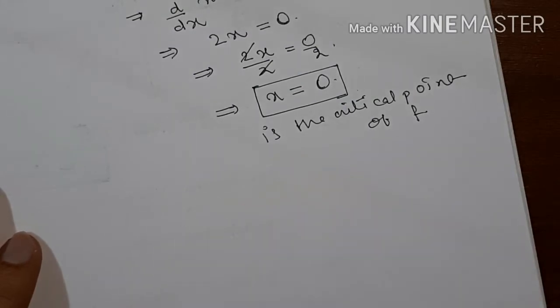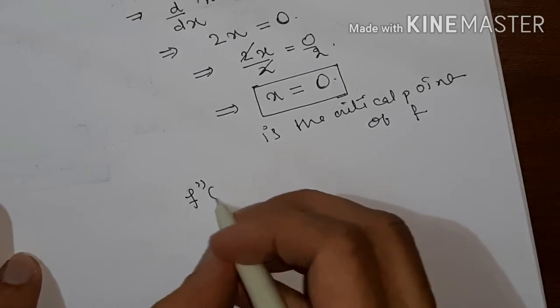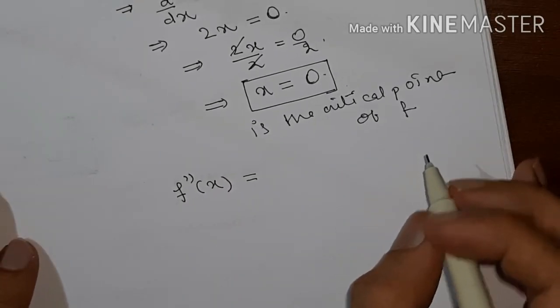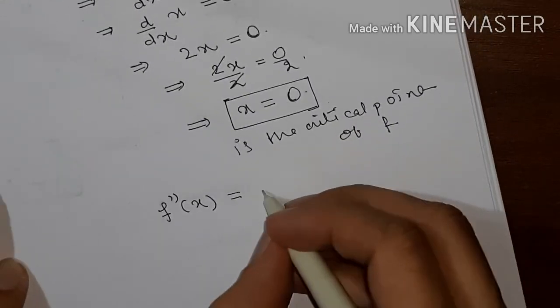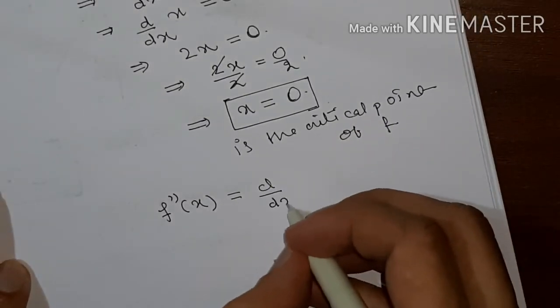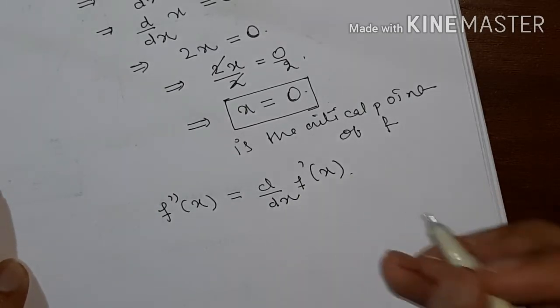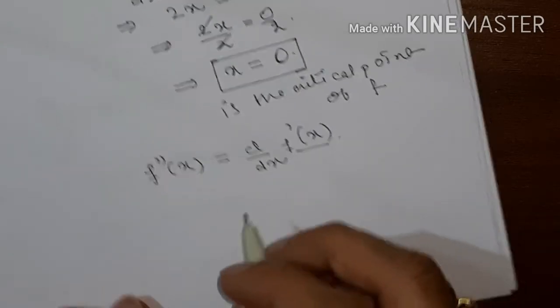Now after finding the critical point, what you have to do is, you have to find f double dash of x, right? f double dash of x means the second derivative of f of x. Now how you can calculate this? This is just the derivative of f prime of x, that is the derivative of the first derivative.